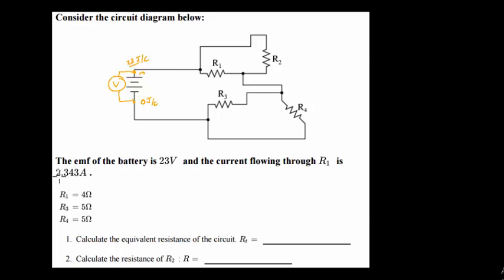The next thing they tell us is that 2.343 amperes of current is flowing through R1. So in R1 we've got 2.343 amperes of current flowing into R1. Well, what does that mean? That means that every second, these coulombs with whatever much energy, every second 2.343 coulombs are entering into here and coming out.